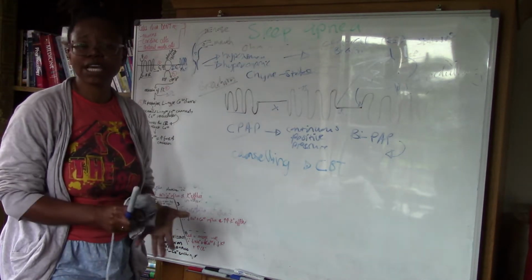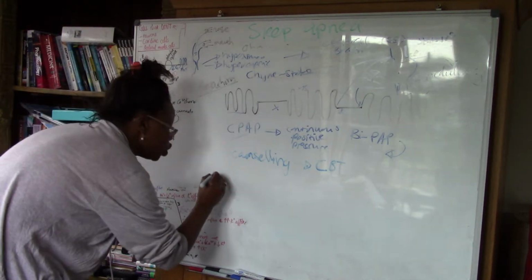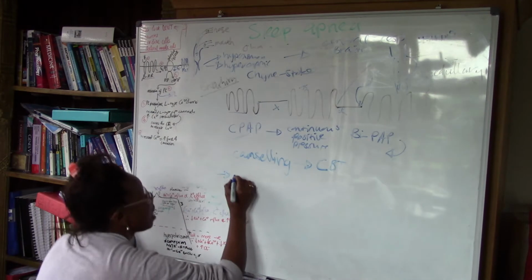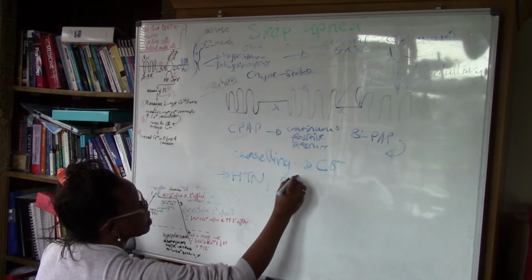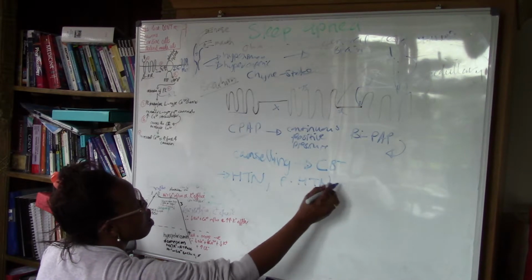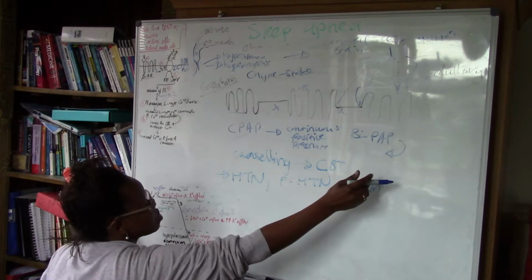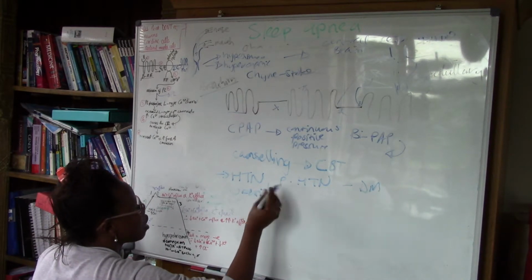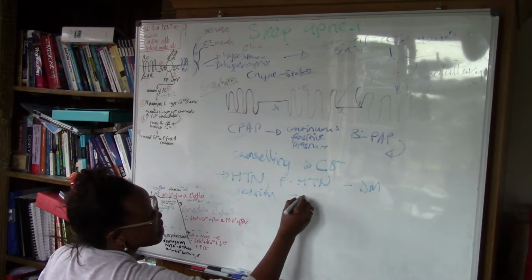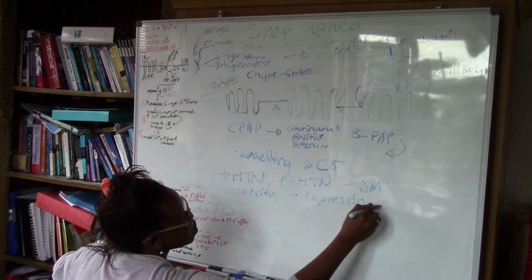So complications of untreated sleep apnea include hypertension, pulmonary hypertension, diabetes, and all the complications of diabetes, obesity. I've mentioned things like depression, and really a lot of social issues.